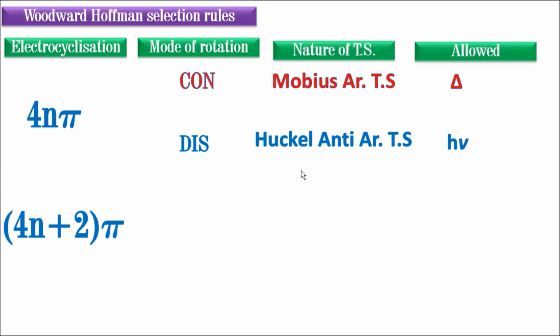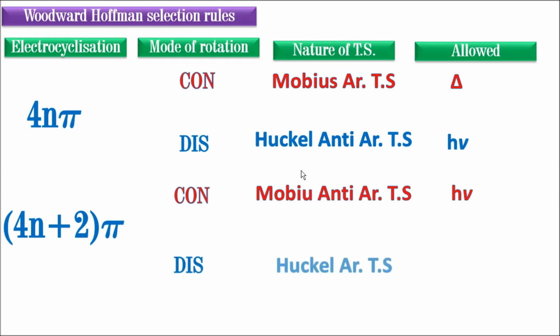For 4n plus 2 pi electrocyclization, in conrotation, the transition state is a Huckel anti-aromatic transition state, so photochemically allowed. In disrotation, you got a Huckel aromatic transition state, thermally allowed. So these are the Woodward-Hoffmann selection rules. After explaining pericyclic reactions by using any theory, you have to write the Woodward-Hoffmann selection rules.